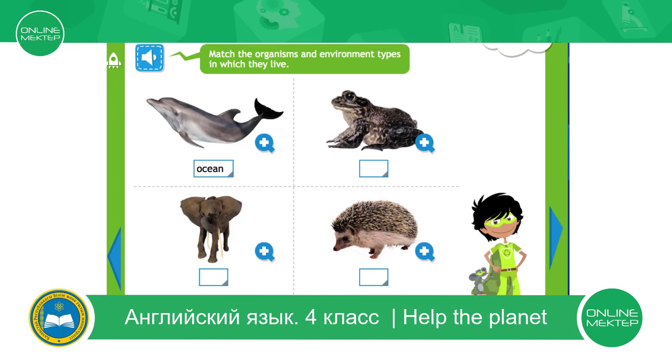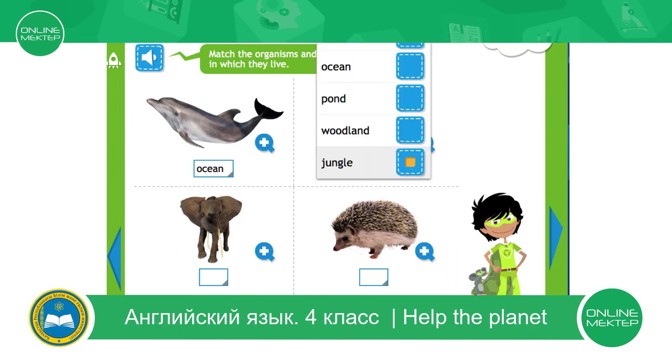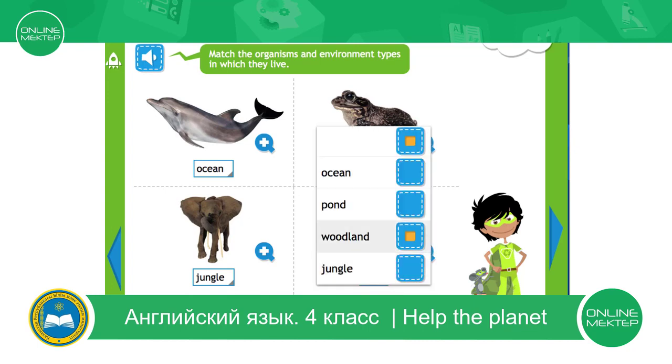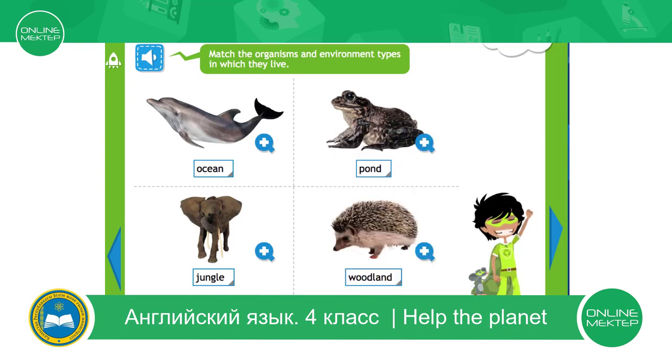And what about frogs? Frogs live in ponds. Elephants live in jungles. What about the hedgehog? It lives in woodland.